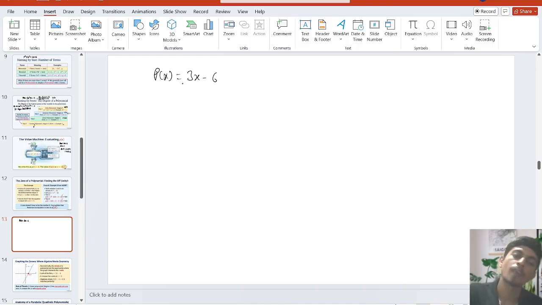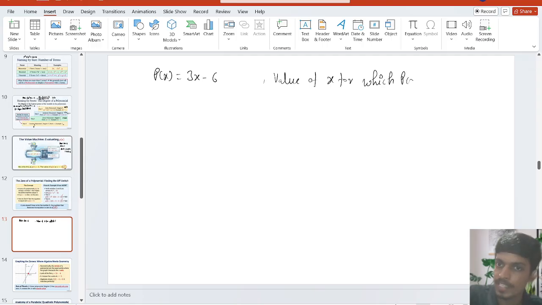We have to find the value of x for which p(x) equal to 0. Then all such values of x are known as the zeros of p(x). So p(x) equal to 0 for zeros, that is 3x minus 6 equal to 0.